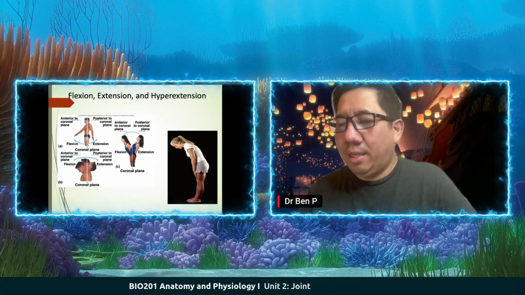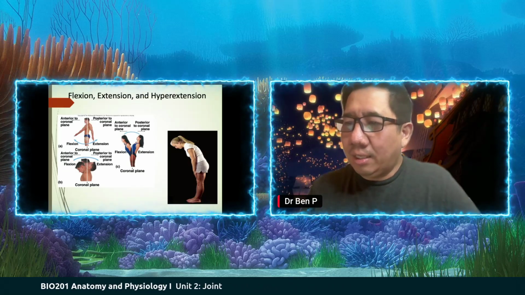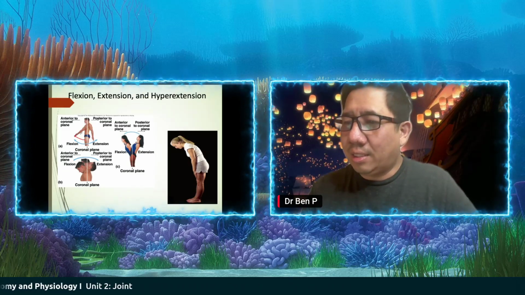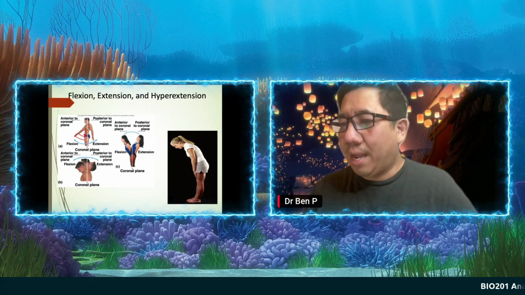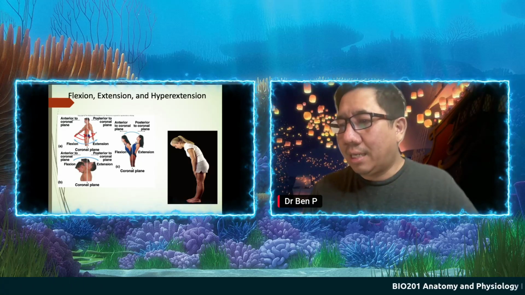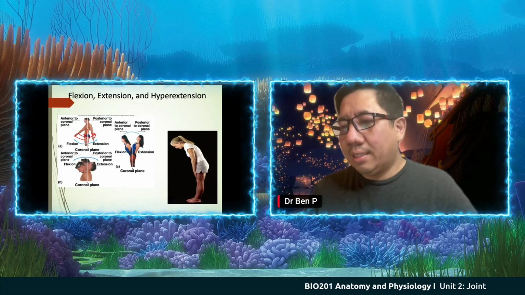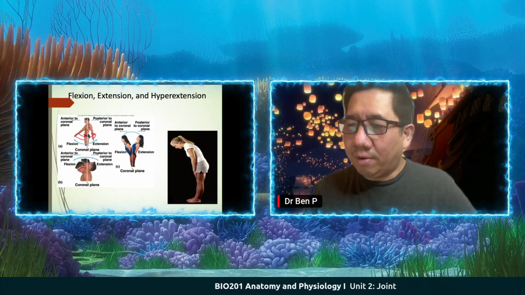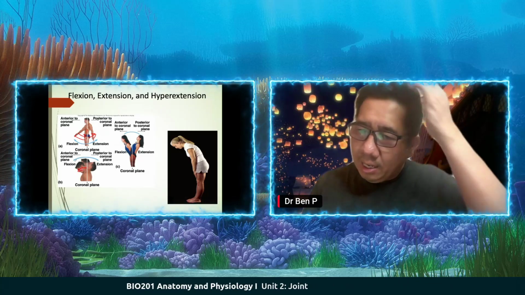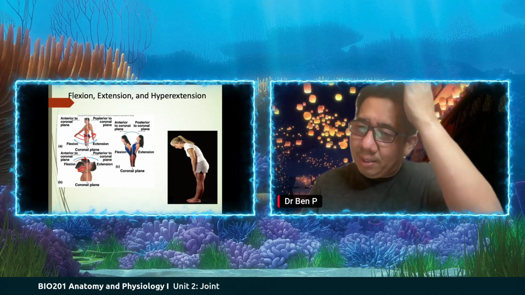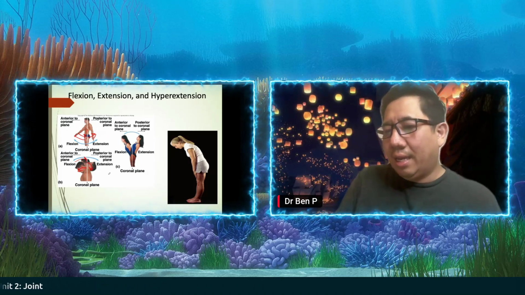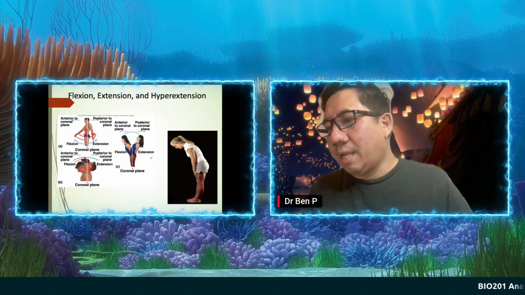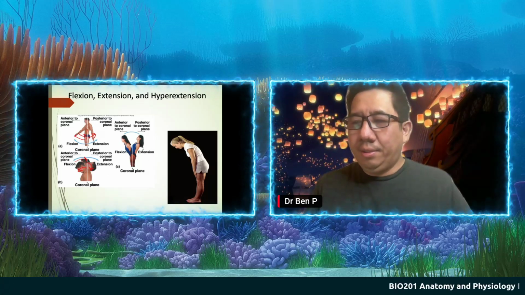You're going to see that here. As I mentioned, flexion is going forward, extension is coming back to that midline, putting your arm back in the middle, and hyperextension is going back. Same thing here: flexion going forward, extension going back to the midline, and going over the midline is called hyperextension. Same thing with your back.